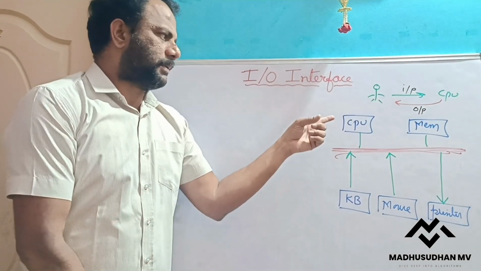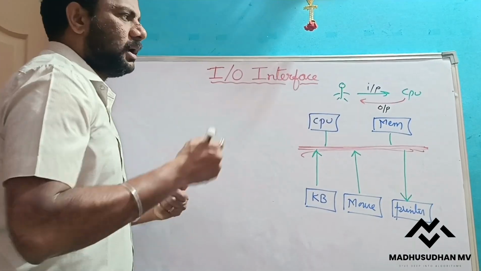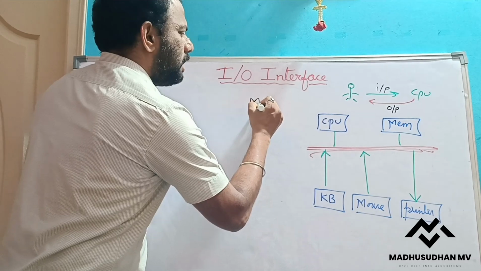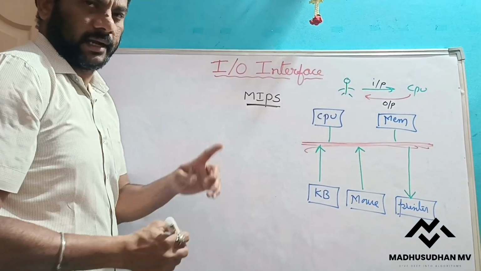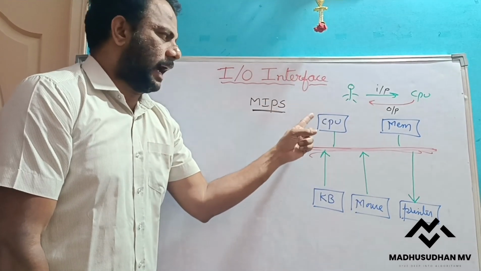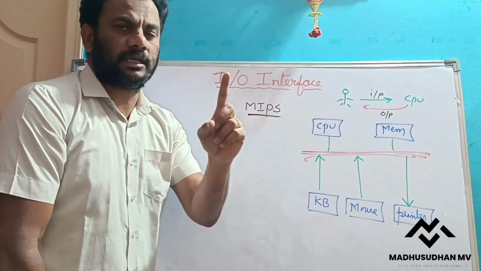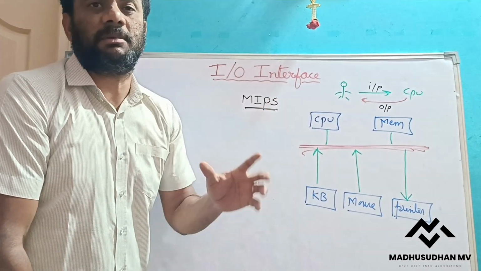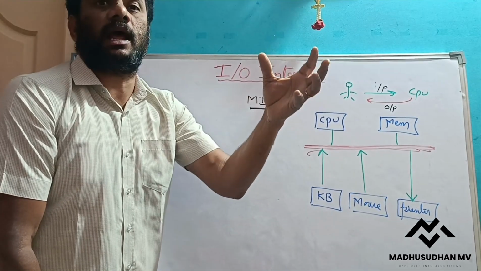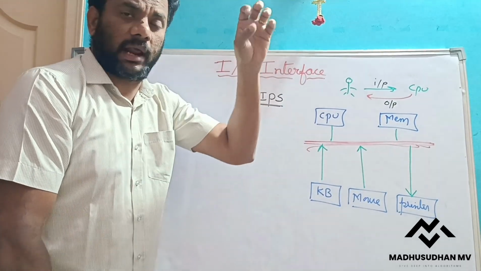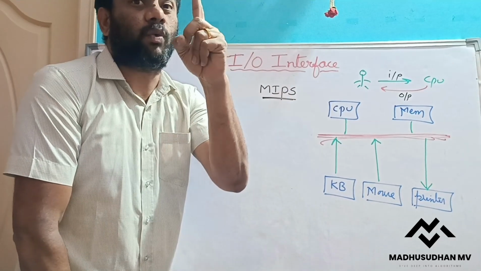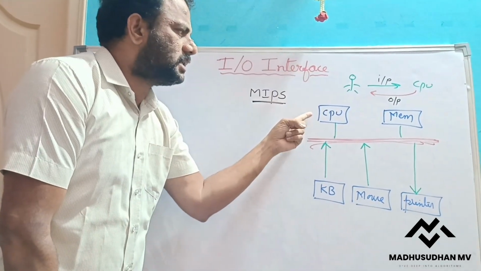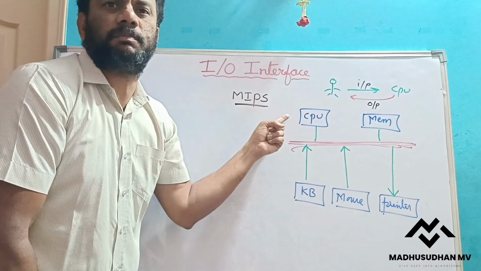We know our processor can execute millions of instructions per second. That means 10 lakh, 20 lakh, 30 lakhs of instructions in 1 second. That is how fast the processor is.